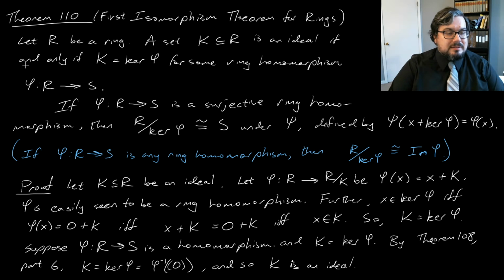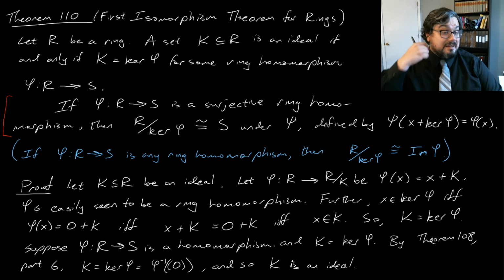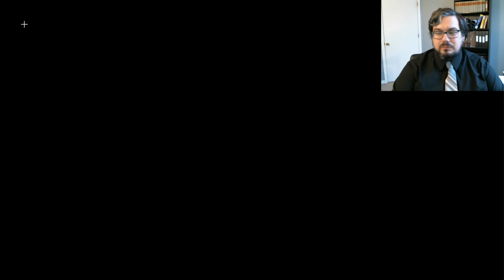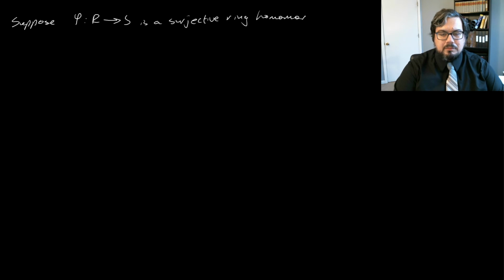Okay, so that's sort of the setup here. The actual first isomorphism theorem, as you'd find stated in other books, is this second part. So let's go ahead and prove that one. So now we're going to suppose that phi from R to S is a surjective ring homomorphism. And let's let K be the kernel of phi.